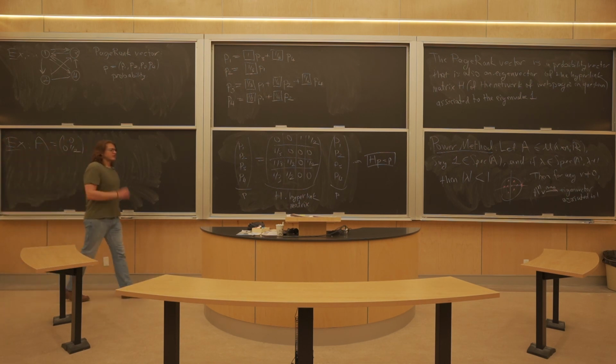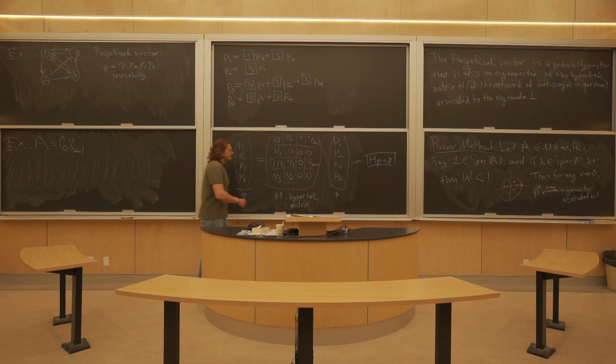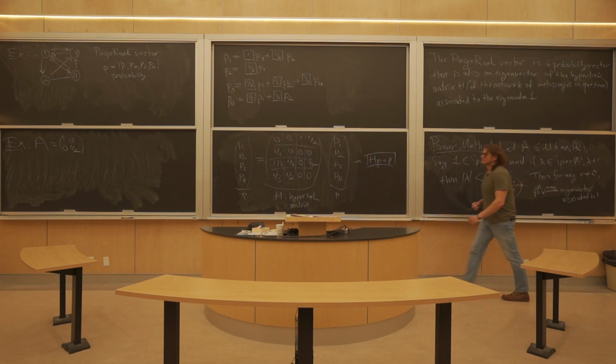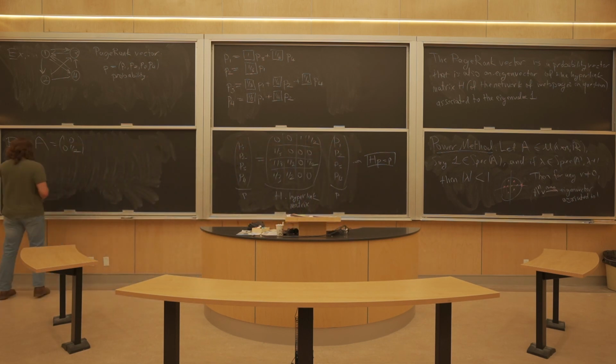Of course, this satisfies what I want. So one eigenvector is this. The other one is this. And recall that this is not a stochastic matrix. The columns don't add up to 1. But that's not an issue.